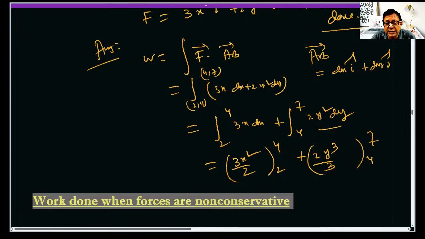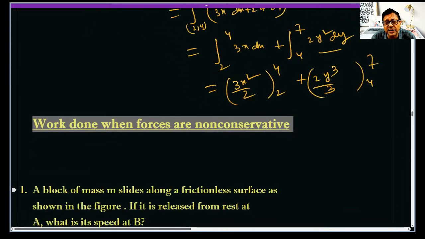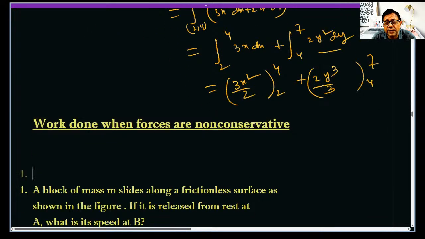Non-conservative force, you think about an example. Frictional force, you have already studied, is non-conservative. Then viscous force, it is non-conservative. How to account for work done when forces are non-conservative? Okay?